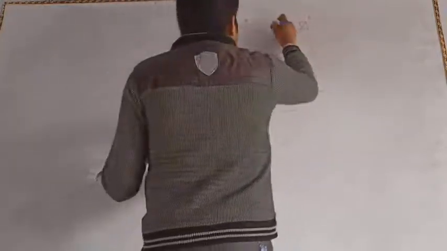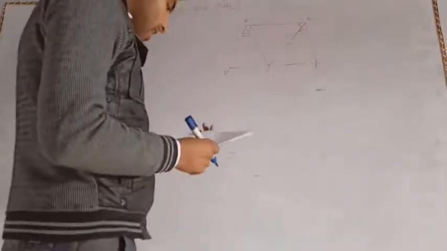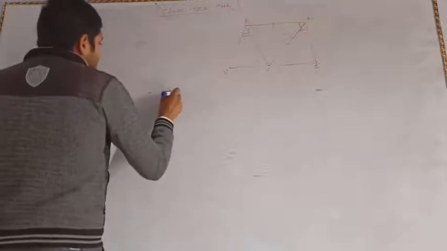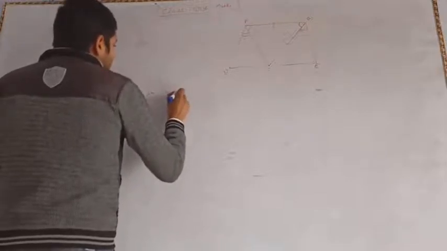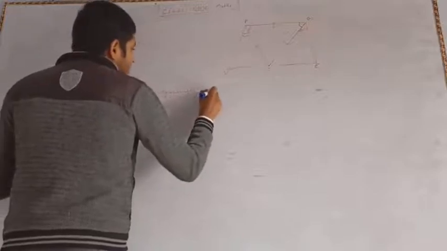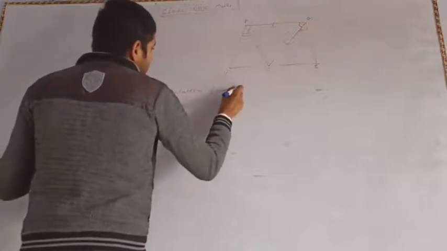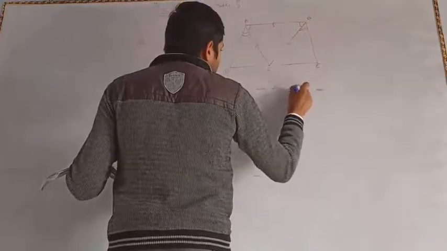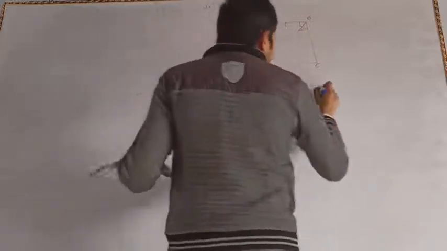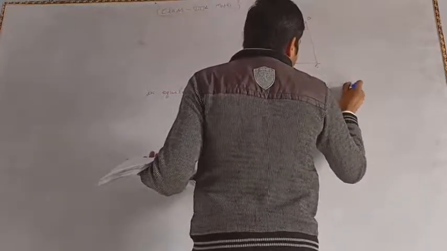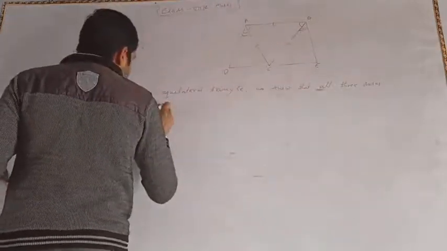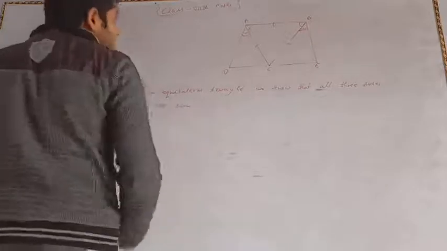You know that in an equilateral triangle, all three sides are the same. You also have to write here: we know that in an equilateral triangle, all three sides are the same.